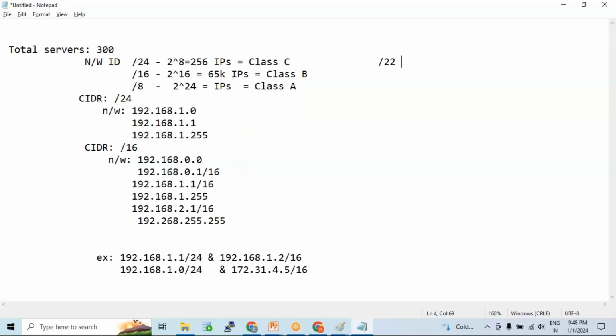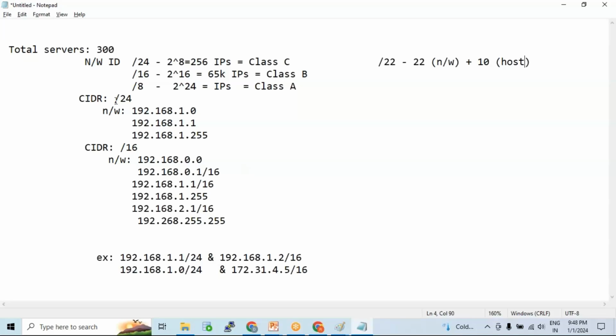What is slash 22? That means in the total 32 bits, I would say 22 bits for network identification purpose, and the remaining 10 bits are used for host identification purpose, correct?